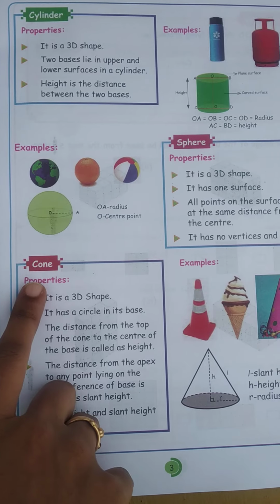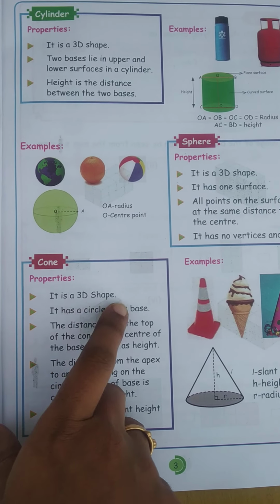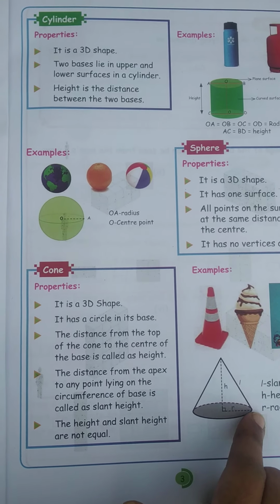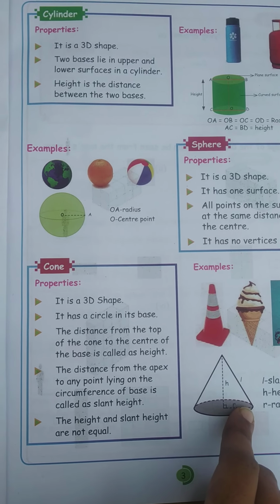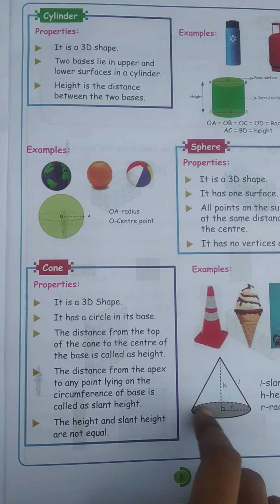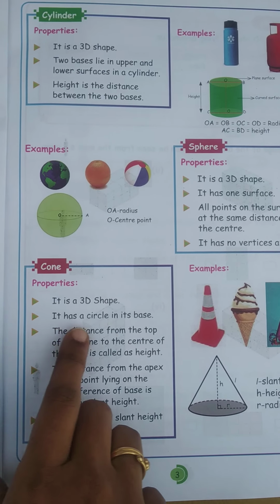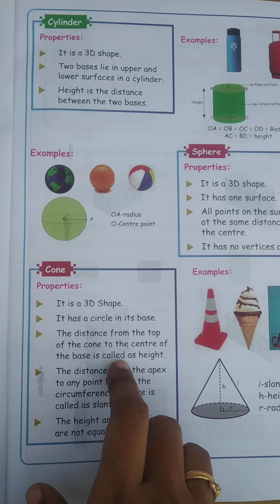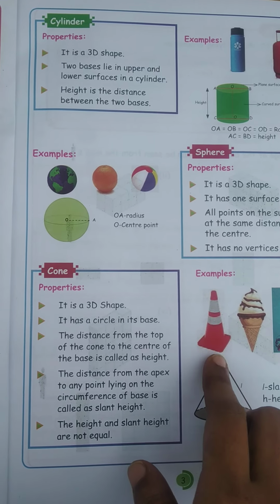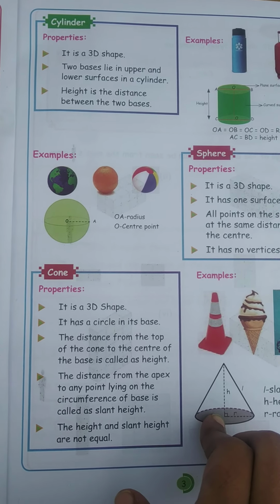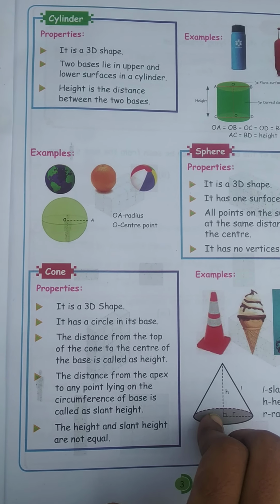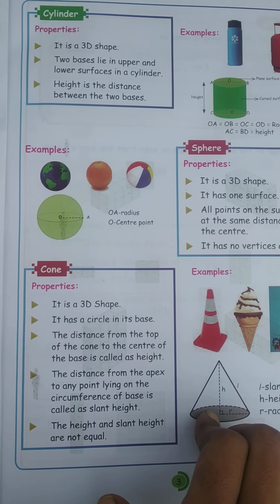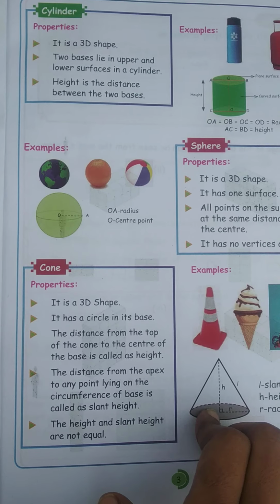Then cone. Properties of cone: it is a 3D shape. It has a circle at its base, at the bottom. So this is the base. The distance from the top of the cone to the center of the base is the height. From top to bottom is the height, and the distance from the apex to any point on the circumference of the base is called the slant height.